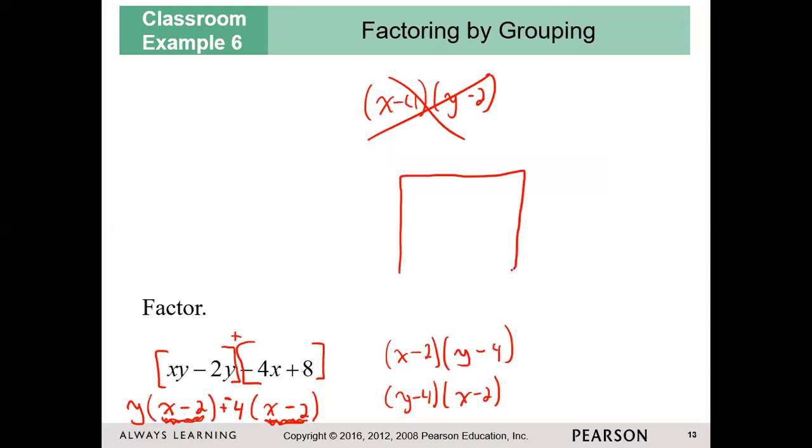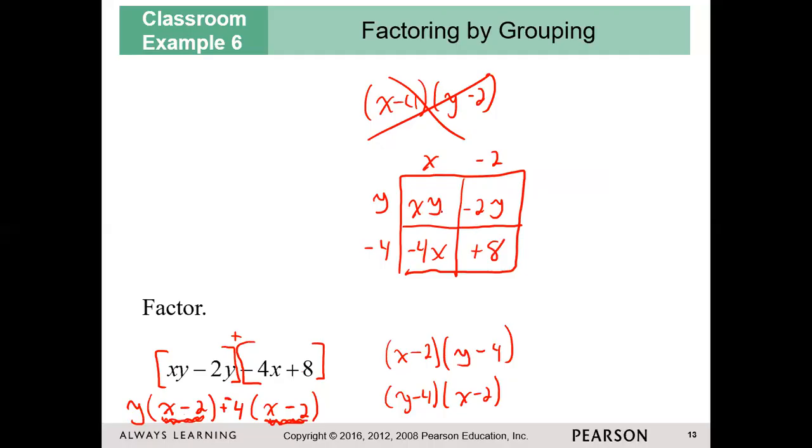So if I took these binomials, the x minus 2 and the y minus 4, and I multiply these together, I would get xy. If I multiply these together, I would get negative 2y. If I multiply these together, I'd get negative 4x. And if I multiply these two together, I would get positive 8.